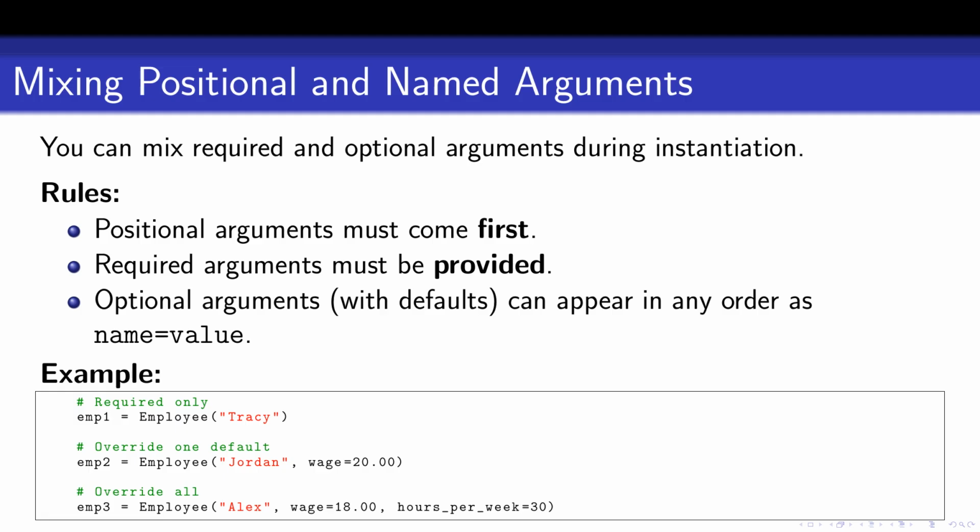For example, you can create an employee with Tracy as the input argument, override the wage with Jordan and wage equals 20 as arguments, or specify both optional values with Alex, wage equals 18, and hours per week equals 30 as arguments. This flexibility makes object creation cleaner and more readable, especially when your class has several optional parameters.